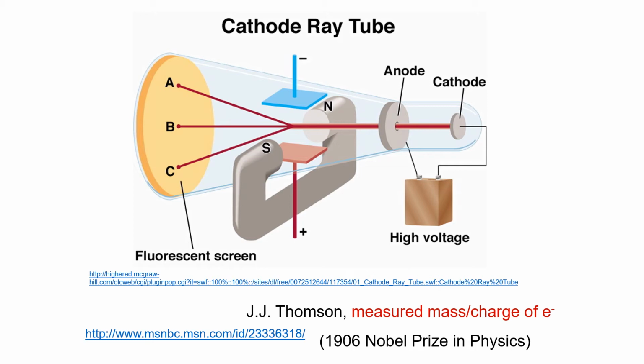So you should know that Thomson was credited with measuring the mass-to-charge ratio of the electron, and he did obtain a Nobel Prize for that work. You don't need to know years here or anything, but you should be able to associate the scientist with his experiment and what he discovered.